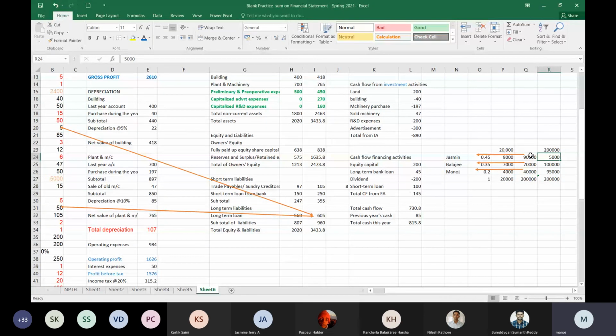It is not always based on the amount of money that you bring. But in your books of accounts, it will be shown like this, that Yasmin is bringing 90,000 rupees, that is why she holds 45%, and Balaji is bringing 70,000 rupees, that is why he is being allocated 35%, etc. Okay, that is the understanding.